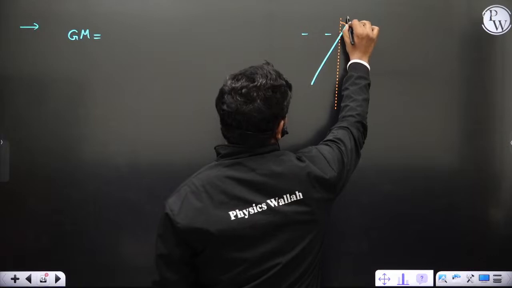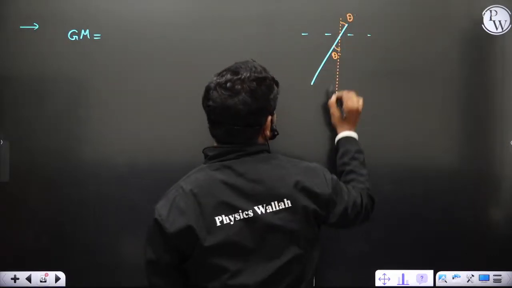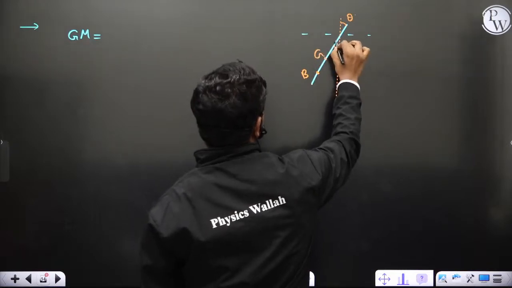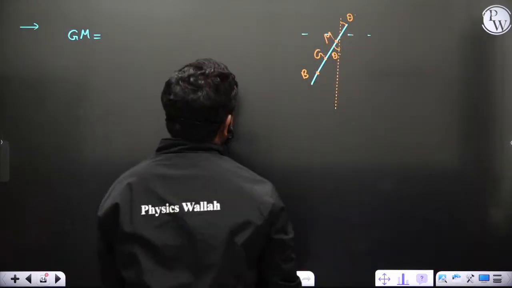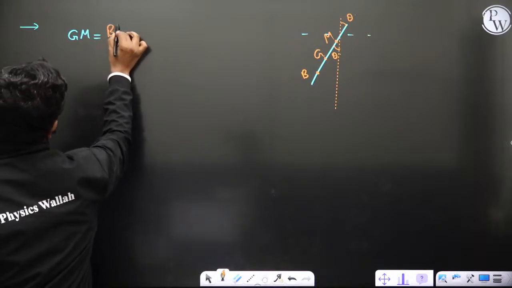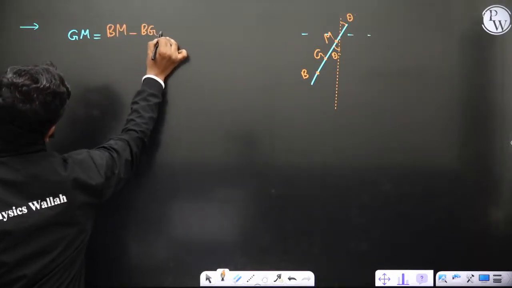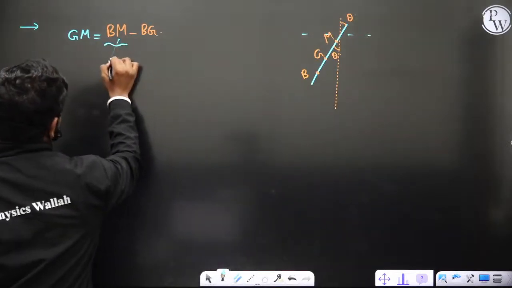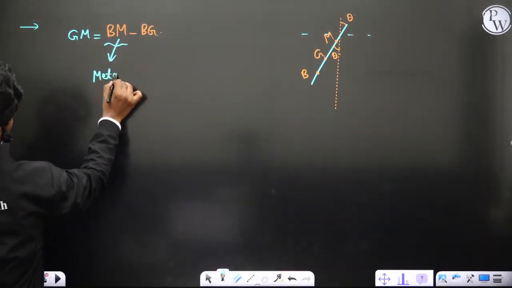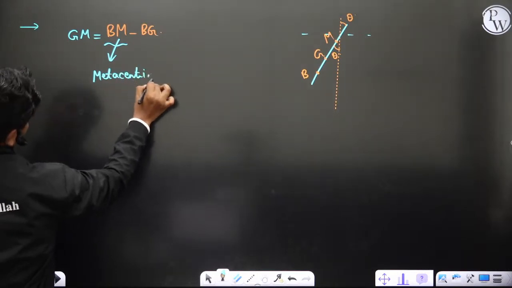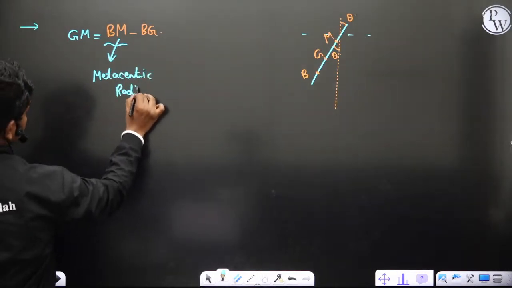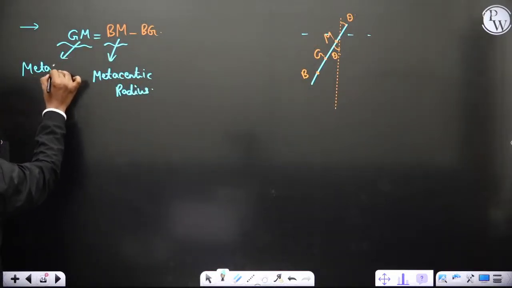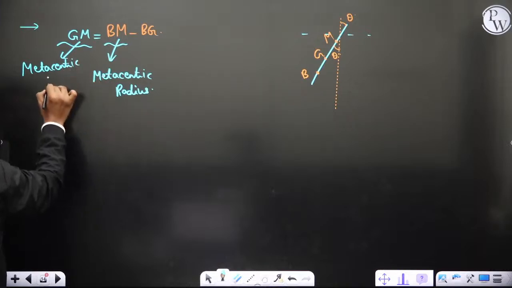If this angle is theta, and this angle is also theta, then you have B here, G here, and M here. GM can be written as BM minus BG, where BM is called the metacentric radius, and GM is called the metacentric height.